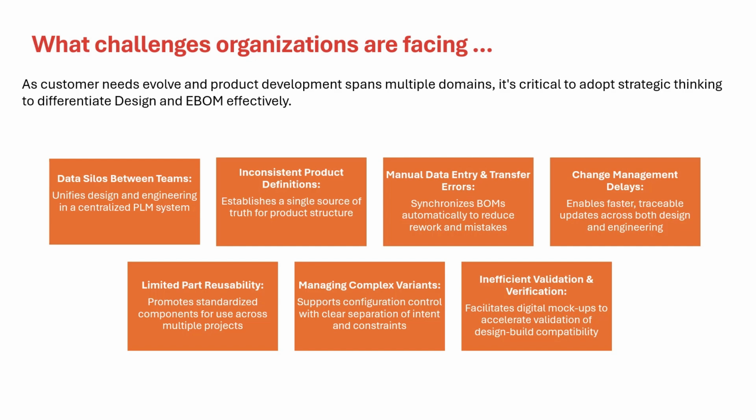As product configuration grows more complex, managing variants becomes a challenge. Effective configuration controls with a clear separation between design intent and constraint is essential for maintaining order and flexibility. So Teamcenter has a product configurator, which can be used in this case.